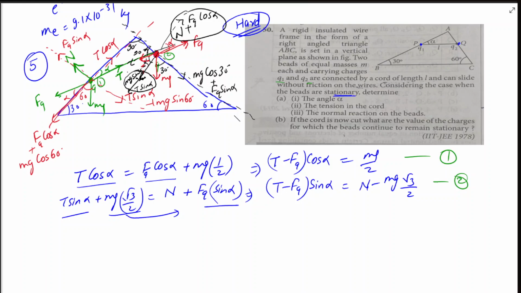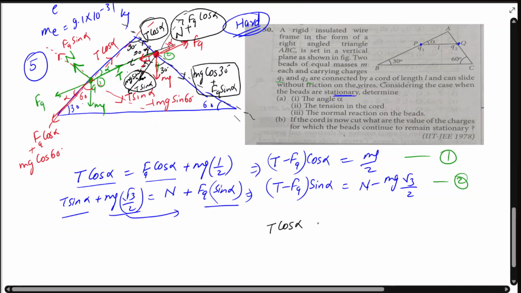And for T, this is T, so here we will have T cos alpha, right? Any other force here? No. Okay, perfect. So let's resolve it here. We can write T cos alpha must be equal to these two forces.